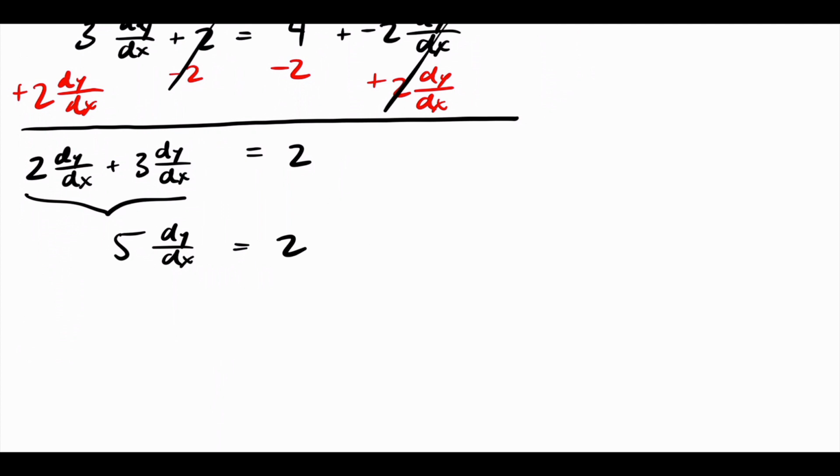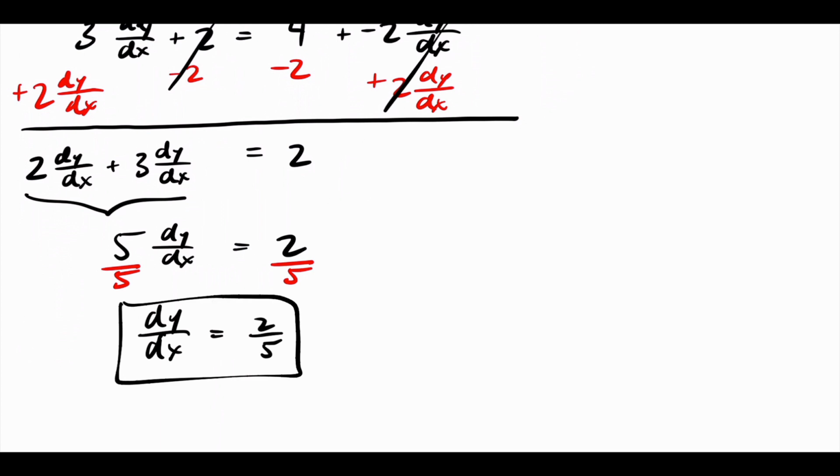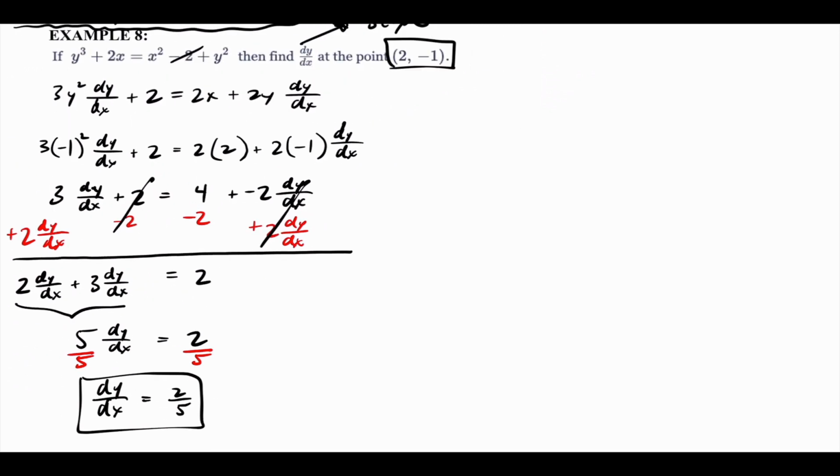How do I get dy dx by itself? So the slope of the tangent line at that point, 2, negative 1, is 2/5, up 2 over 5. So when you have a point, after you do the derivative, plug it in and then isolate it. You could do it the other way, but I think this way is a little easier. Plug in first and then isolate.